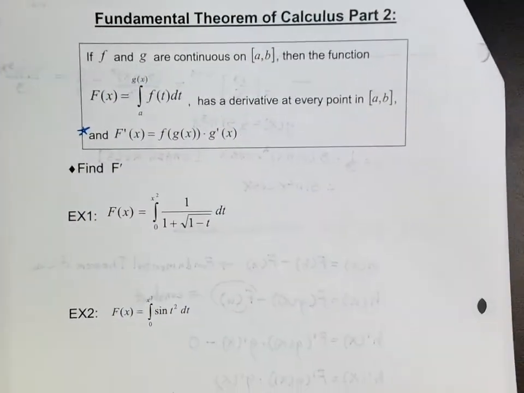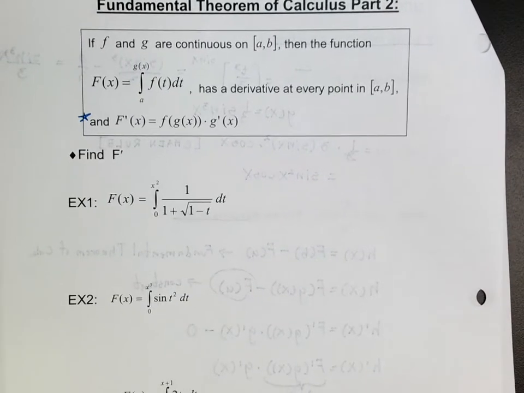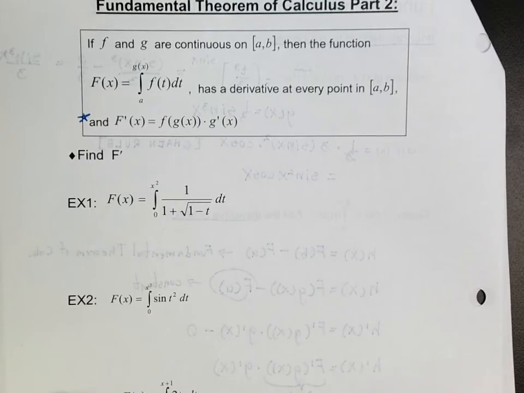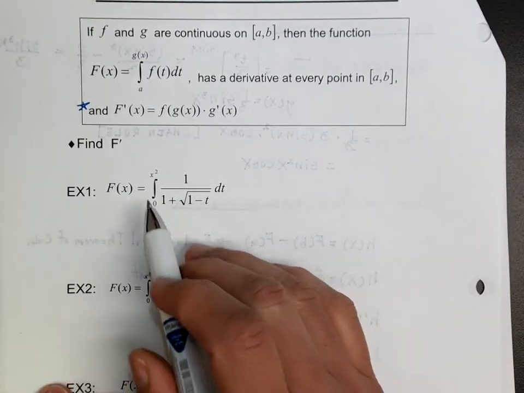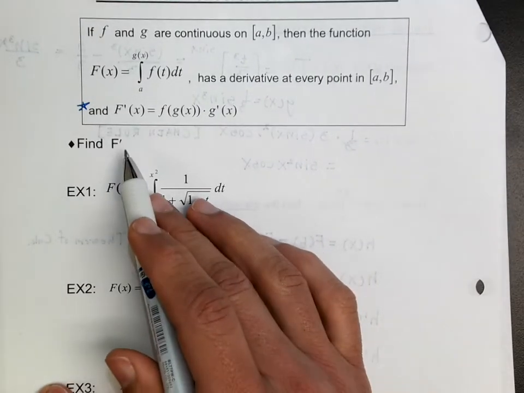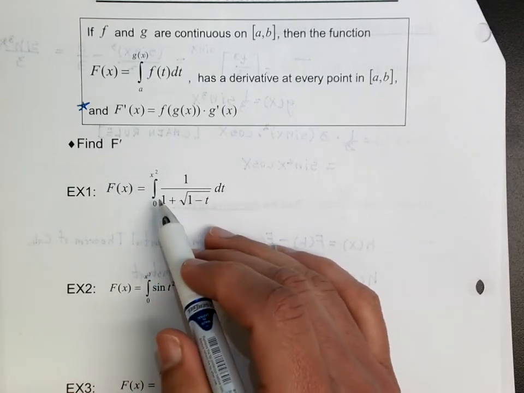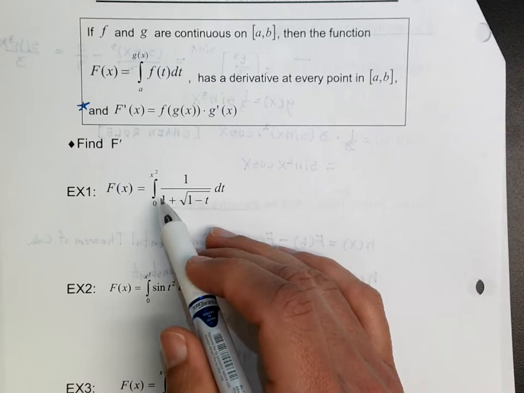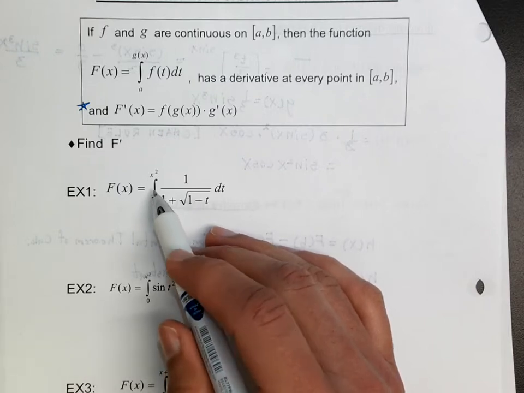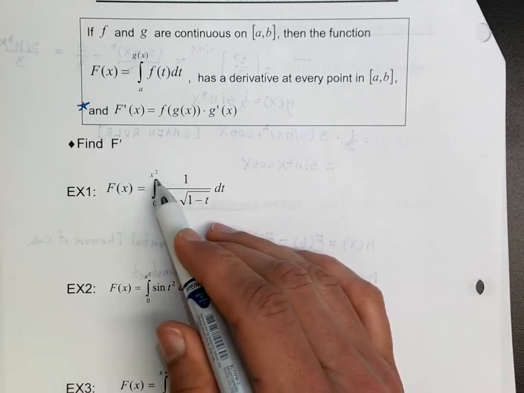All right, you're assuming that f and g are continuous. When you see the capital F, that just means the integral of f of t. In this one, we don't want to know the integral necessarily. We want to know the derivative when you plug in those values. Now notice that I can do the fundamental theorem of calculus part 2 because my upper limit is a function.